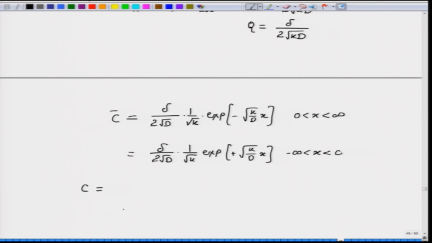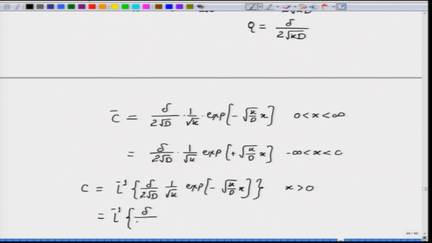So, C will be L inverse of delta by 2 root d into 1 by root k exponential minus root k by d x for x greater than 0 and equal to L inverse of delta by 2 root d, 1 by root k exponential plus root k by d x for x less than 0.